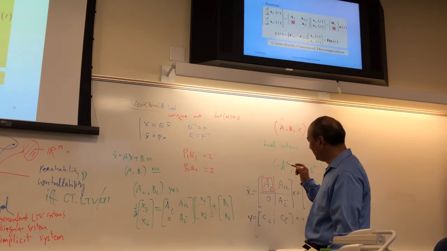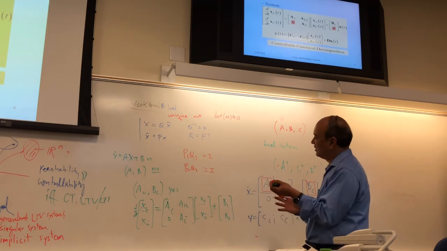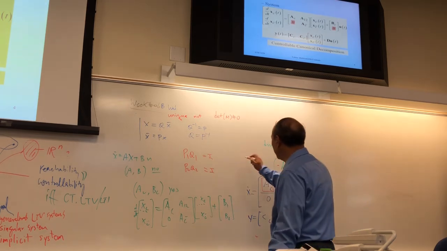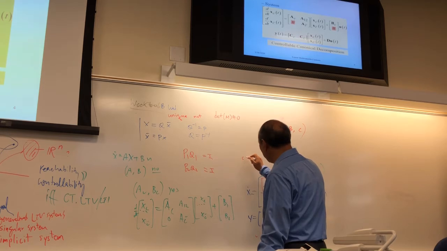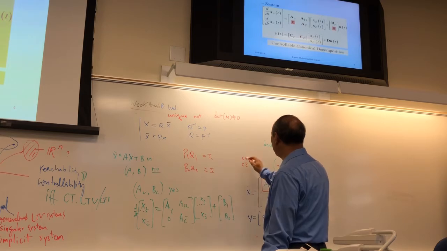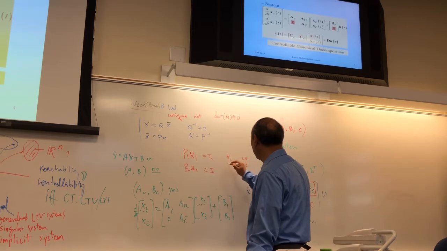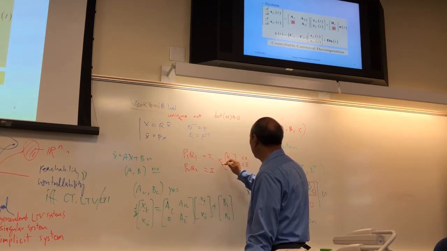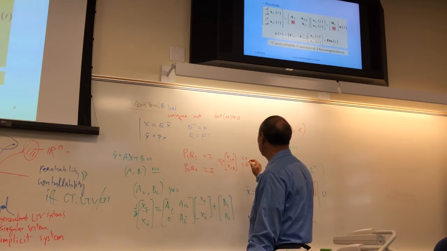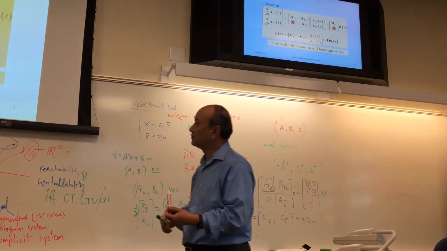We know that in a controllable subspace there are another two parts: controllable and observable, and controllable and not observable. So we need to do this partition, like XCO bar and XCO. This is my XC.